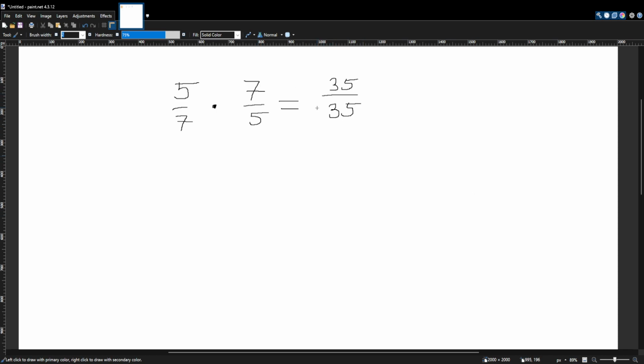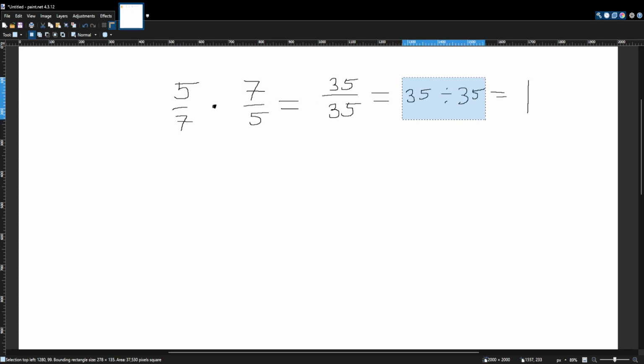And we just talked about fractions as being division problems. So this is 35 divided by 35. Well, 35 divided by 35, we just talked about that as being equal to 1, because if I take one number and divide it by itself, I'm going to get 1. Then, if I'm dividing a number by itself and I get 1, then 5/7 times 7/5 is equal to 1.